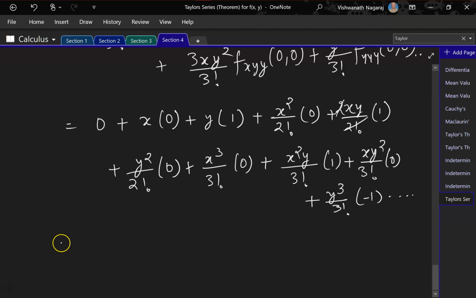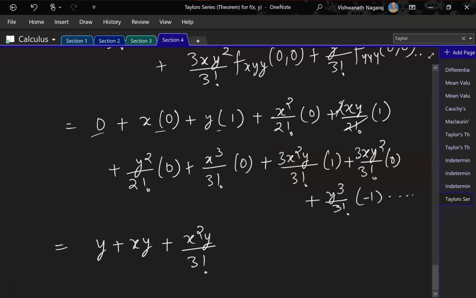Okay, so here we can ignore the zeros. This is y, this is 0, this is again 1, so plus xy plus this is 0, this is 0. Here it is x square y by 3 factorial. This should have been 3.